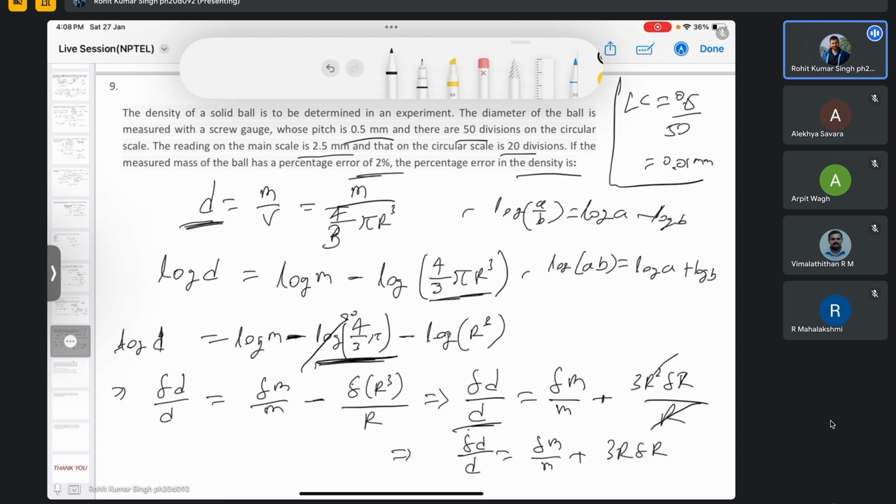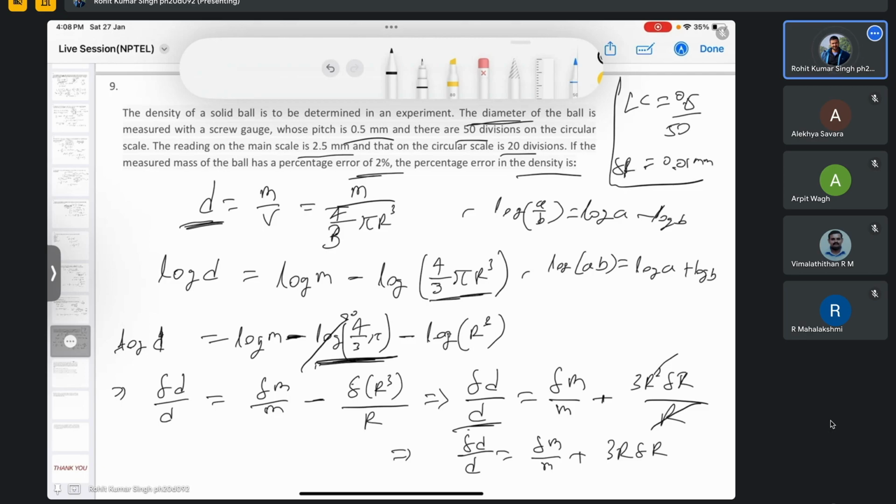Okay, and since you are calculating the diameter, that means the radius of the ball. So delta r will be the error, 0.01 mm.